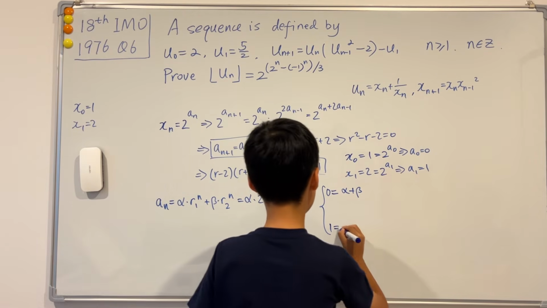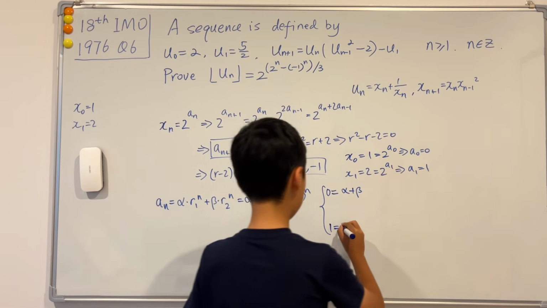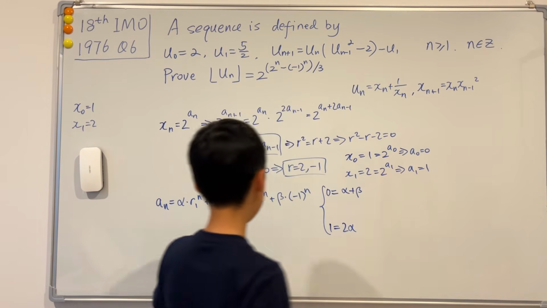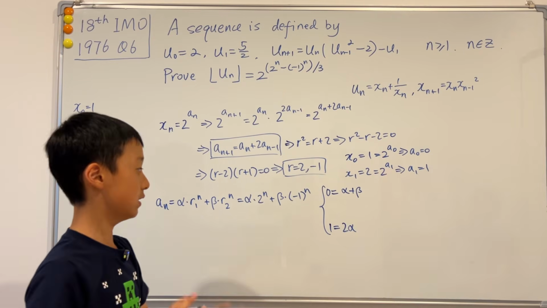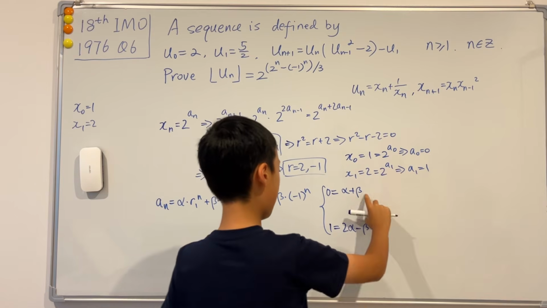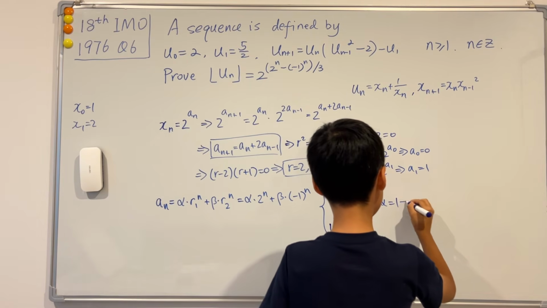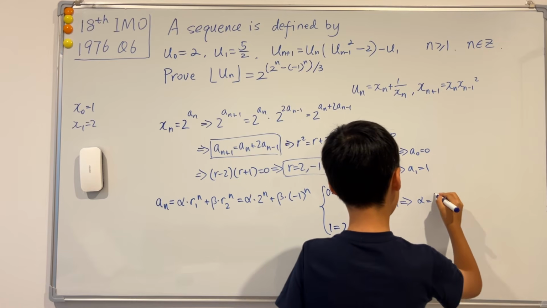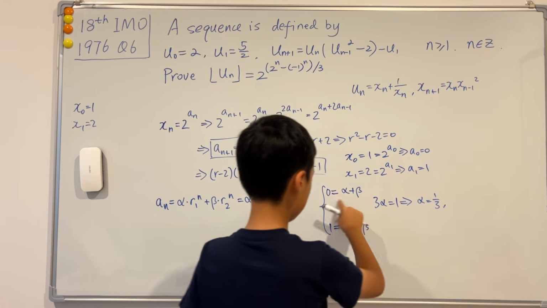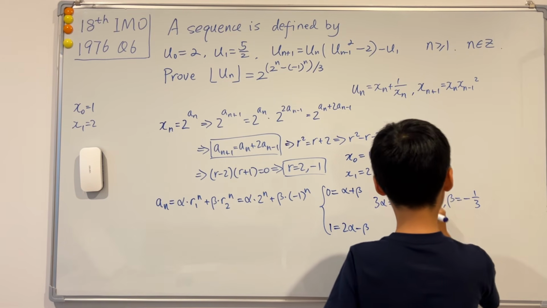So 1 is equal to alpha times 2 to the 1, which is 2, so 2 alpha. And then negative 1 to the power of 1 is negative 1, so it becomes minus beta. So if we add them up, then we get 3 alpha is 1, so alpha is 1/3. And using equation 1, we see that beta is negative 1/3.